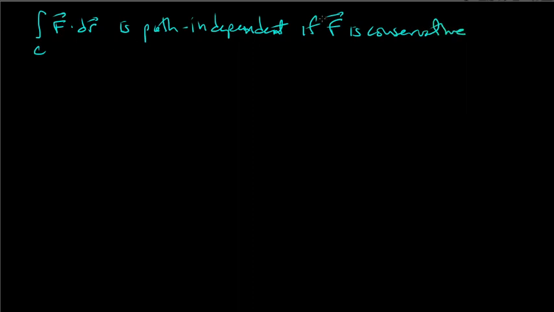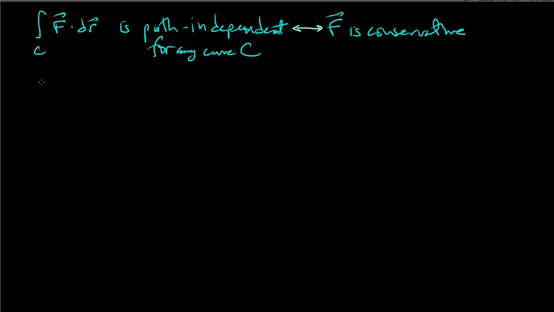And in fact, this is true the other way. If it's path independent for any path, for any curve C, then we know the vector field is conservative. So it works both ways here. But the key is it has to be path independent for any path, not just one or two paths. So in other words, this goes both ways.